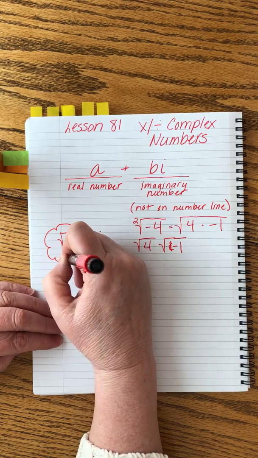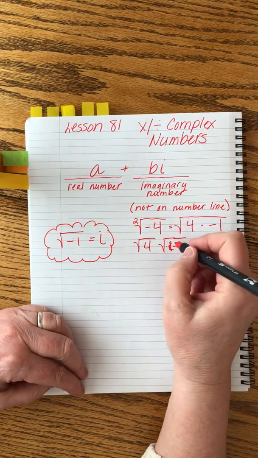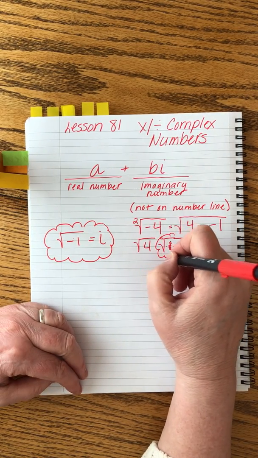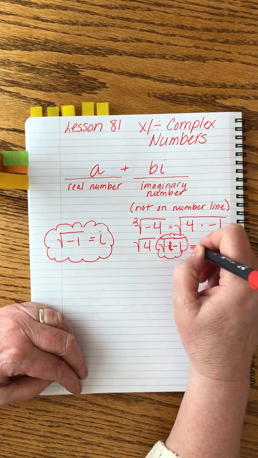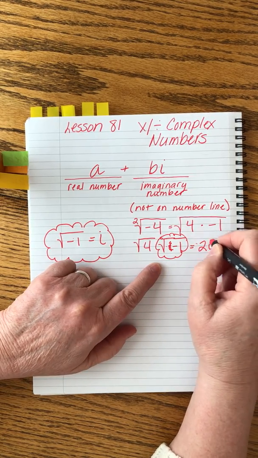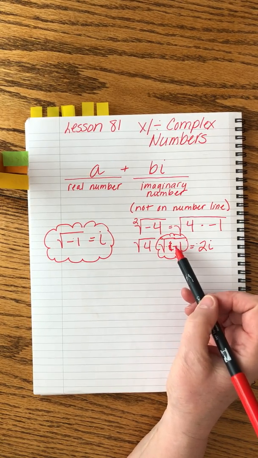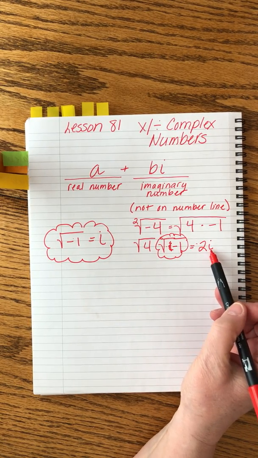That's how we get a complex number. So what we do is we separate them, then we turn this into an i. So this becomes, and square root of 4 we know is 2, 2i. The square root of minus 1, that problematic minus sign, we turn into an i. That's where it comes from.